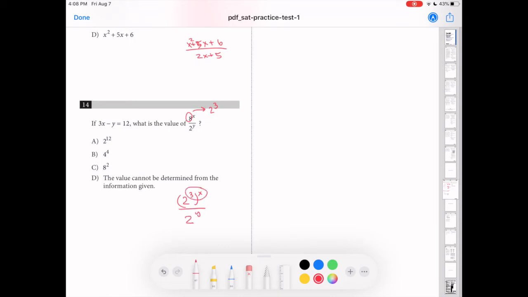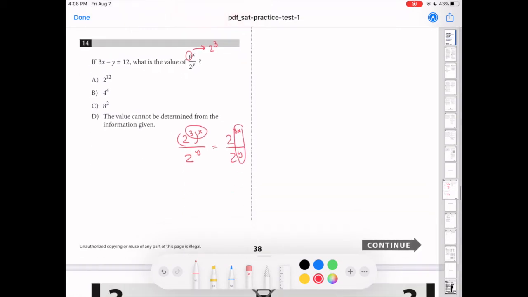Remember law of exponents, you can multiply that out. So that's going to be 2 to the 3x over 2 to the y. And then law of exponents again, subtract two things with the same base. So 2 to the 3x minus y. Boom. Now you can use the first thing they gave you, 3x minus y equals 12. Just sub it in right here. So then you will get 2 to the 12. Answer is A.